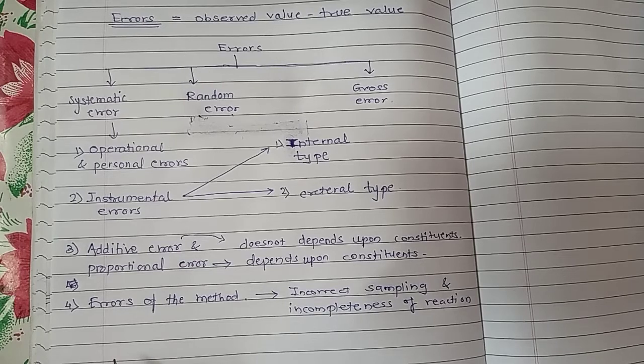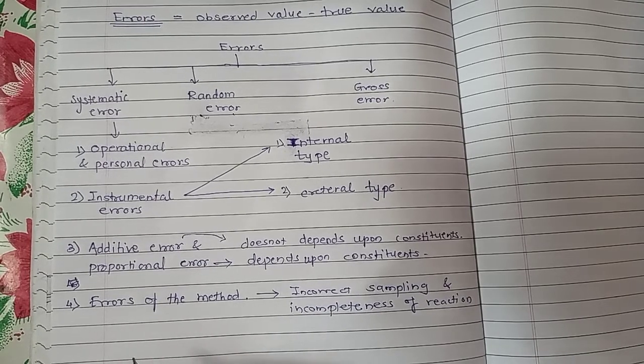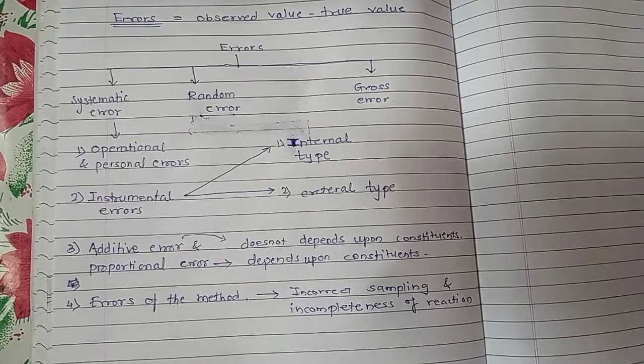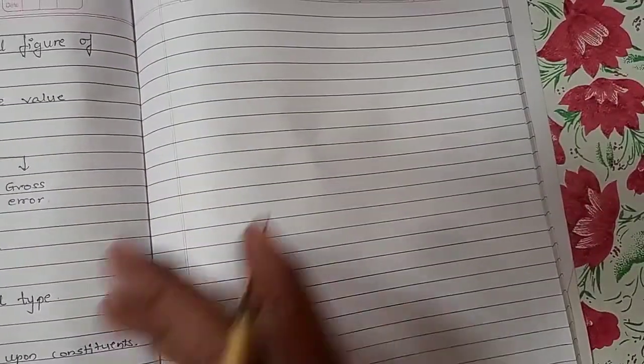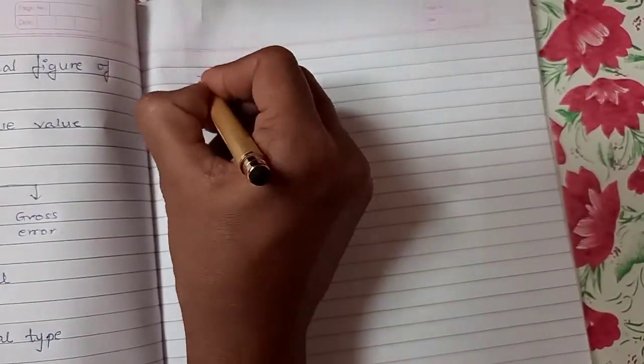Now the random error. The second type of error is the random error.